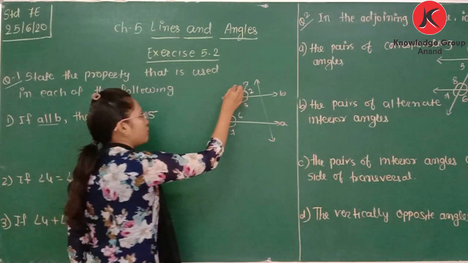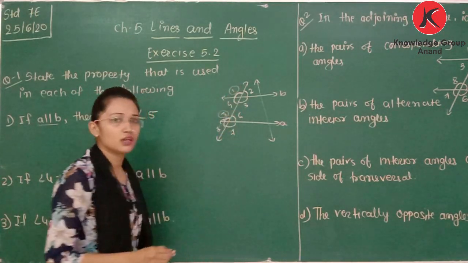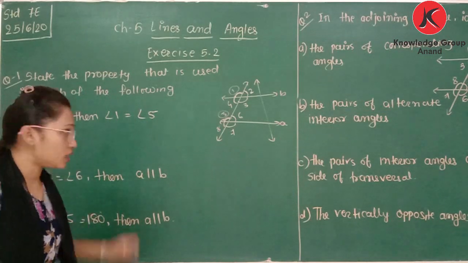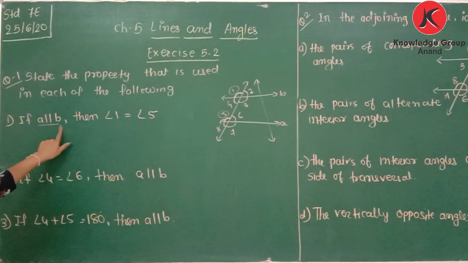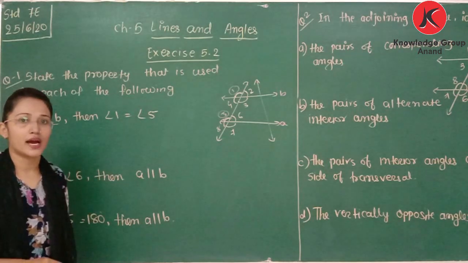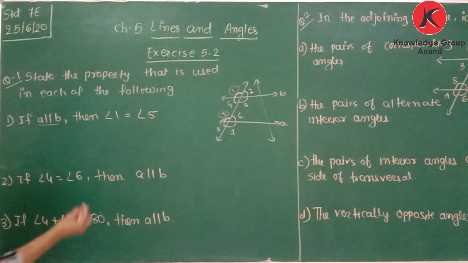Angle 1 and angle 5, what angles are they? Corresponding angles. So what we can say is, if two lines are parallel, then corresponding angles are equal. So which property is this?